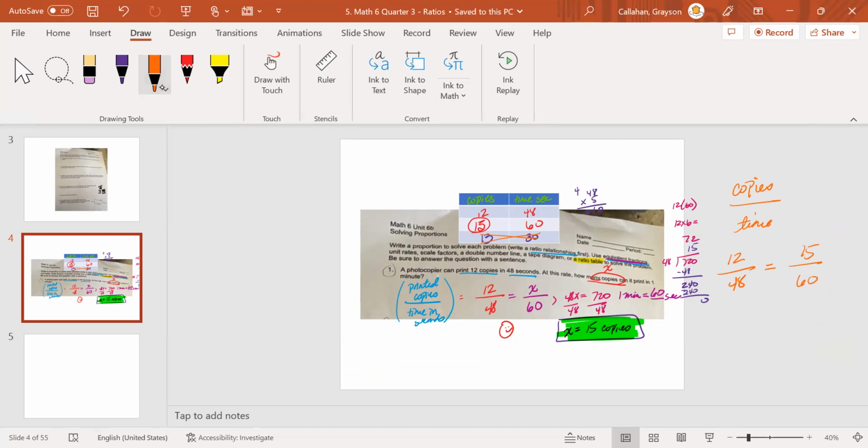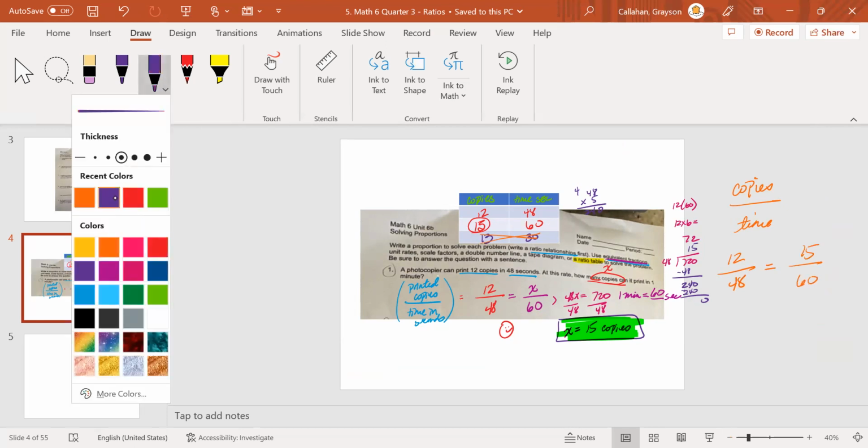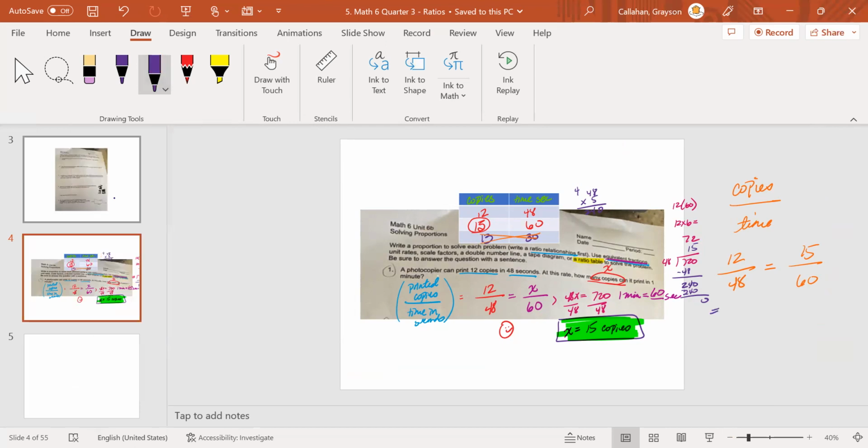I should have the same ratio. 12 divided by 48, I can divide top and bottom by 12, which gives me 1 over 4. Do you see that? Over here, if I divide 15 top and bottom by 15, it also gives me 1 over 4. So it has the same ratio, and that's why I know the answer is correct.